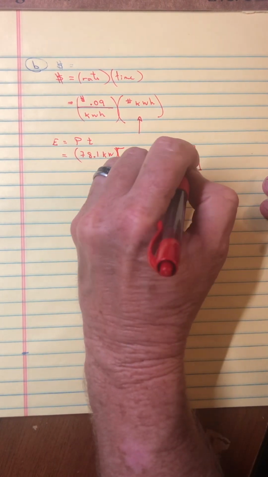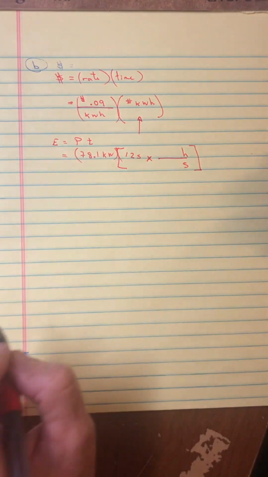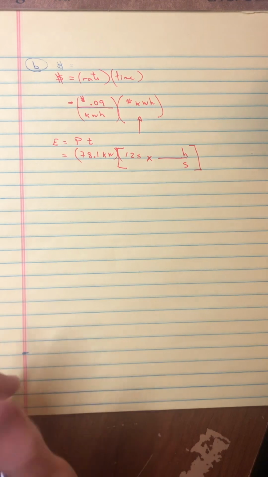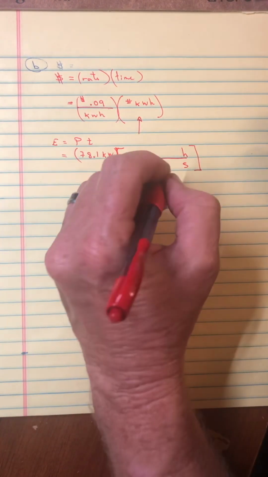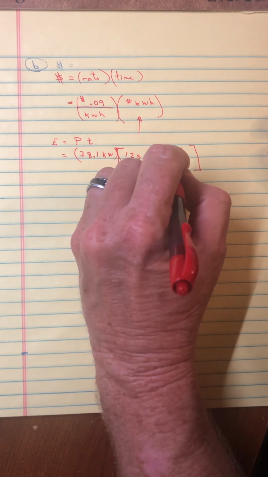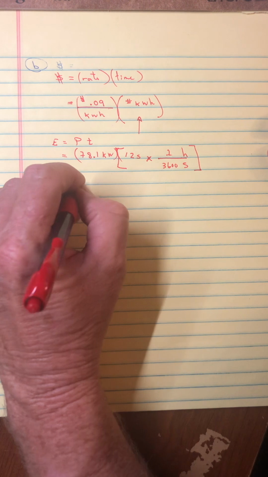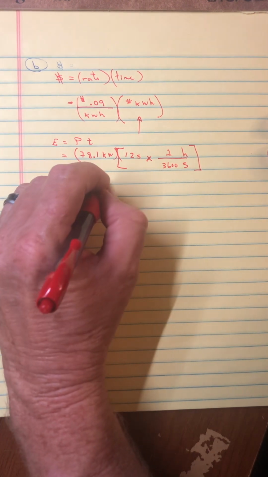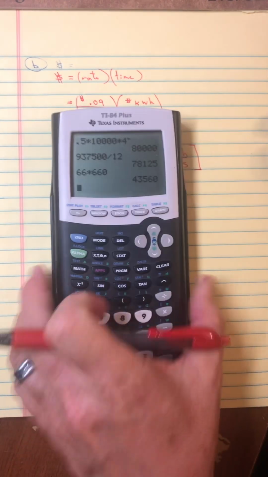And so I want to get rid of seconds and convert it to hours. Jumping back to chapter 1, I would just multiply by a unique number 1, which would be 3,600 seconds in 1 hour. Then that would convert my time into hours.